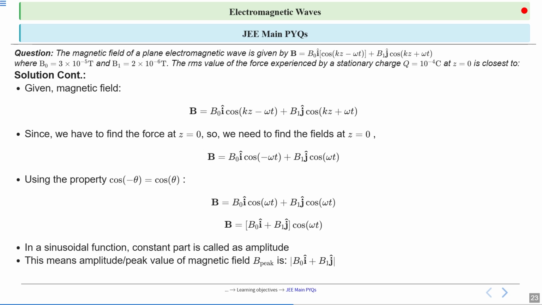This means the amplitude or peak value of magnetic field, B peak, is mod of B naught i cap plus B1 j cap. Mod means the magnitude, or resultant, of this whole term. So how can we find the resultant? B naught is in the x direction and B1 is in the y direction, so they are perpendicular to each other. We will apply vector algebra and find the resultant for perpendicular vectors to find the peak or maximum value of the magnetic field.